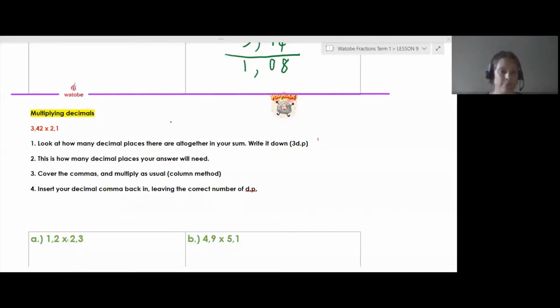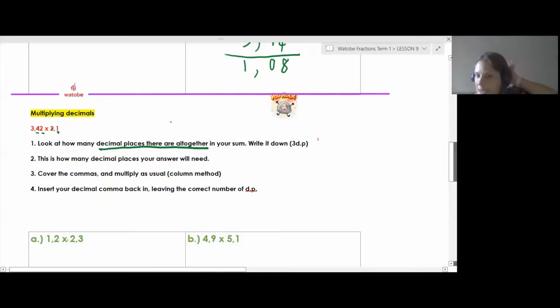multiplying. Okay. So when we multiply our decimals, from Monday, it wasn't last week, it was Monday, the first step is to look at how many decimal places there are altogether in the sum. In this one, I've got 1, 2, 3 decimal places.